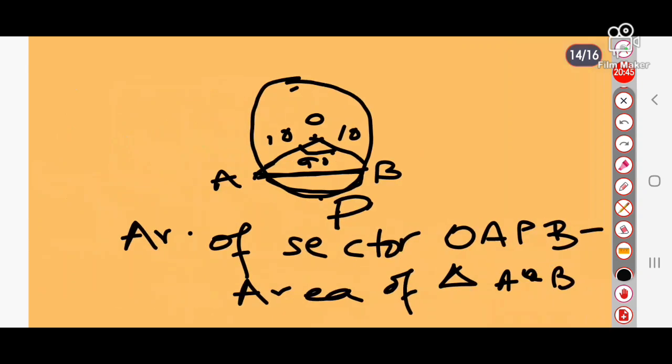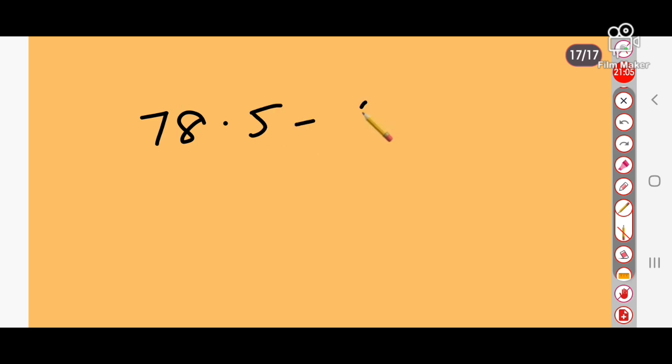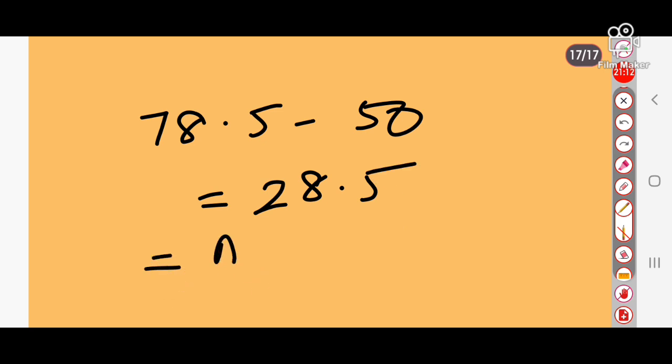Now the area of the segment APB is what they have asked, right? So the formula is, as I told you, area of sector OAPB minus area of triangle AOB. So upon subtracting, 78.5 minus 50 gives you 28.5. That will be the area of the segment.